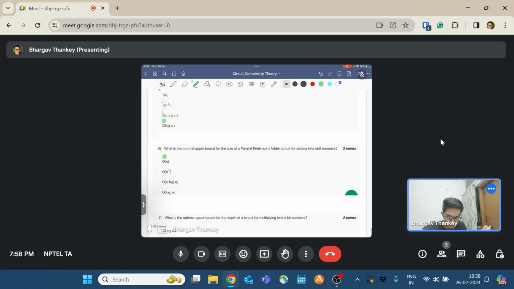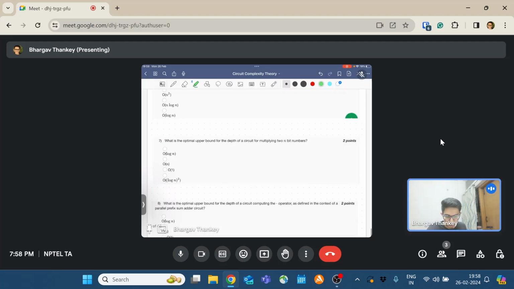The next one: what is the optimal upper bound for the depth of a circuit for multiplying two n-bit numbers? Order log n, order n, order 1, or order log n square?